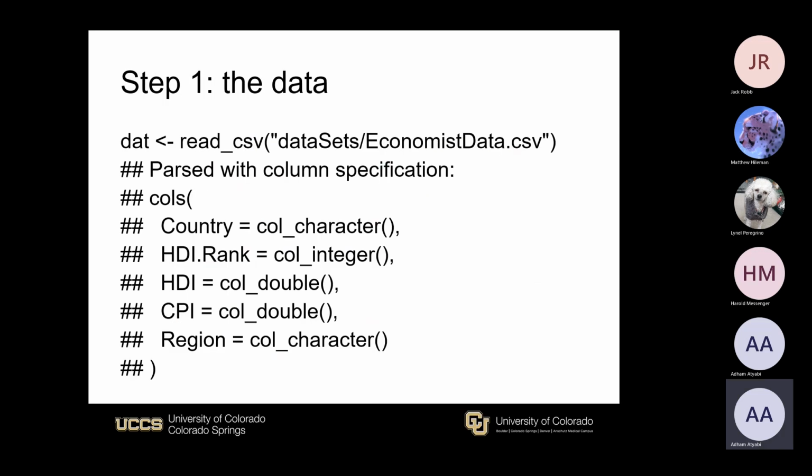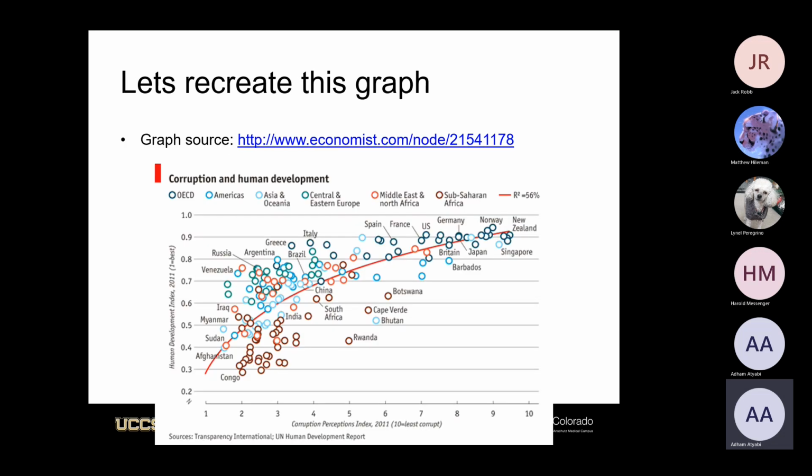It was economics data, and it had an HDI rank, an HDI and a CPI, and a region and a country. So we wanted to recreate this graph as an example for ggplot.